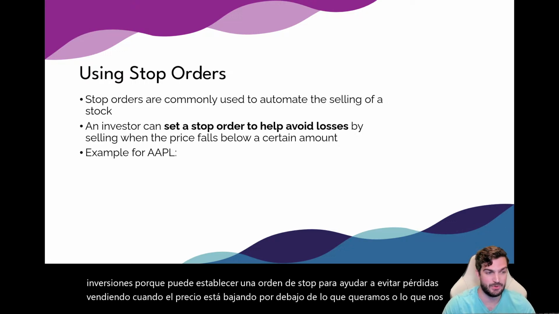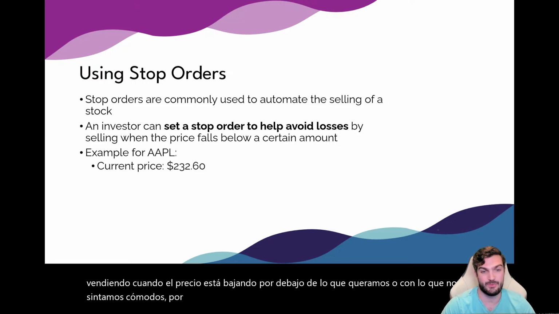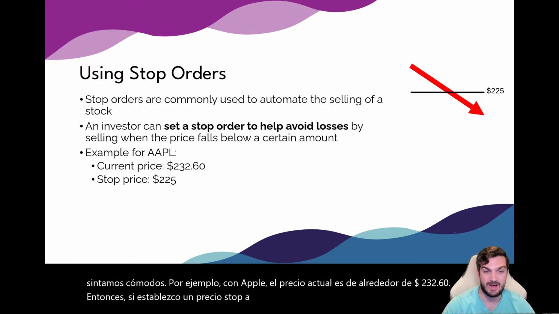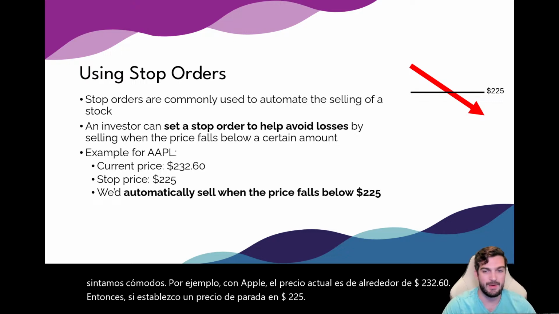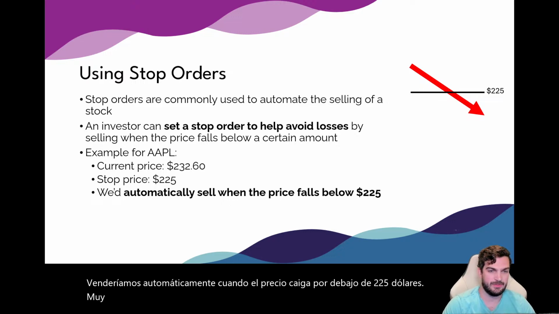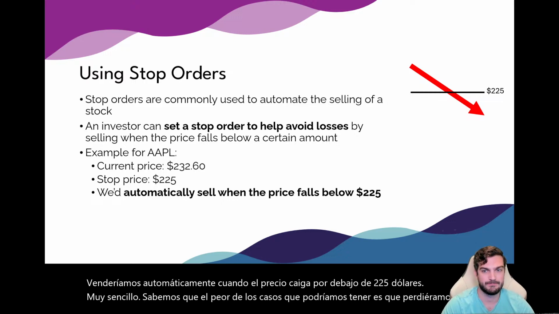For example, with Apple, the current price is around $232.60. So if I set a stop price at $225, we'd automatically sell when the price falls below $225. Very straightforward. We know that the worst case that we could have is that we lost $7.60.